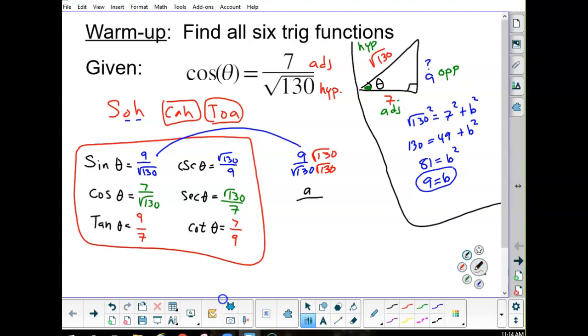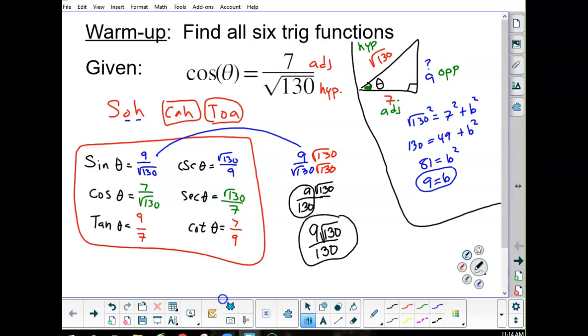So this would turn into 9 over 130, with the square root of 130 up top, and then I would just check to see if the 9 divided by 130 can be reduced. So this fraction right here cannot be reduced, so my final answer would be written like that.